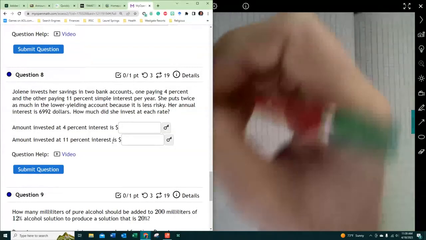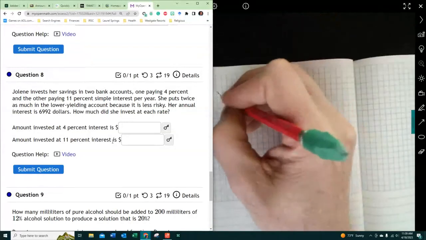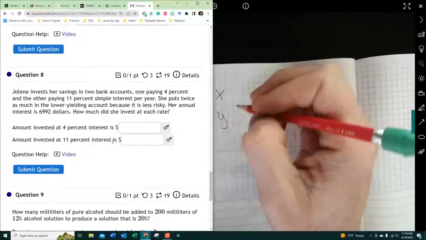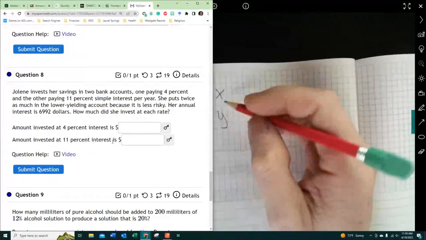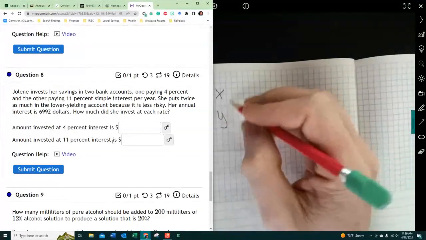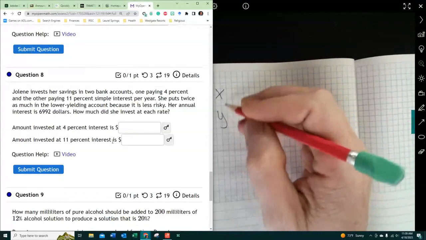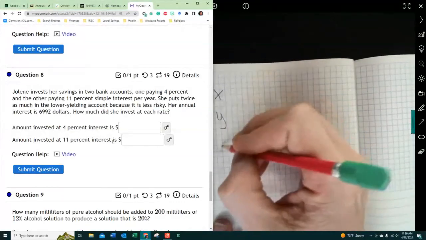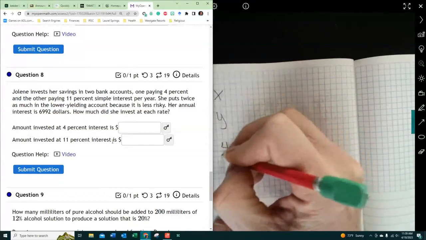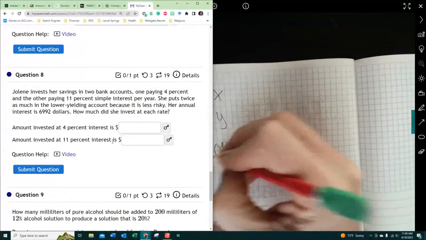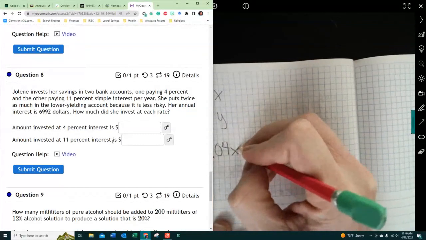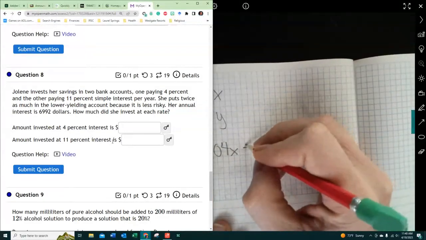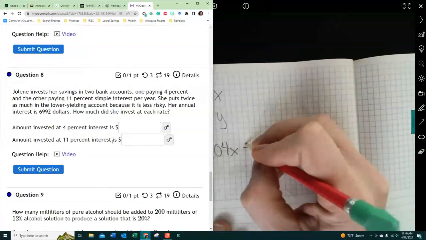We think about this in respects to, we have one value and then we have another one, right? Now we have some value that's going to be put in both of these. One's paying 4%, so I'm going to associate the 4% with x, and then the other is paying 11%.